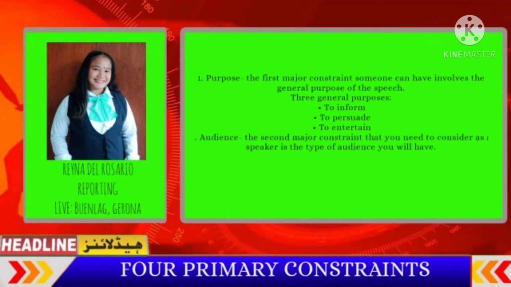Audience. The second major constraint that you need to consider as a speaker is the type of audience you will have. As discussed in the chapter on audience analysis, different audiences have different political, religious, and ideological leanings. As such, choosing a speech topic for an audience that has a specific mindset can be very tricky. Unfortunately, choosing what topics may or may not be appropriate for a given audience is based on generalizations about specific audiences.